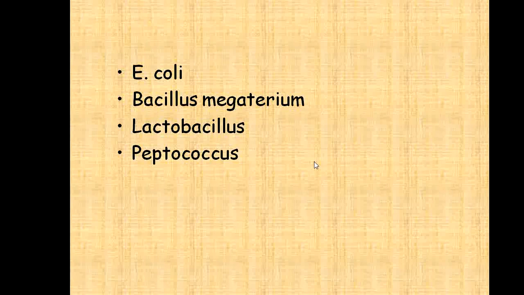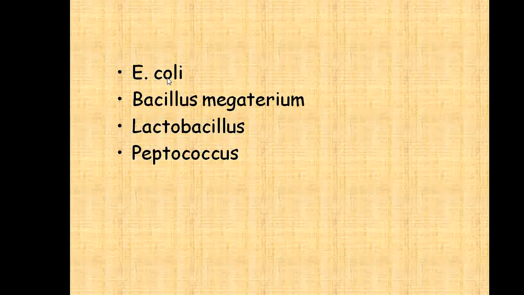These include E. coli, Bacillus megatherium, and Lactobacillus species and Peptococcus species. As you have learned, E. coli is thought of as a very dangerous or harmful bacteria, but this is not so.